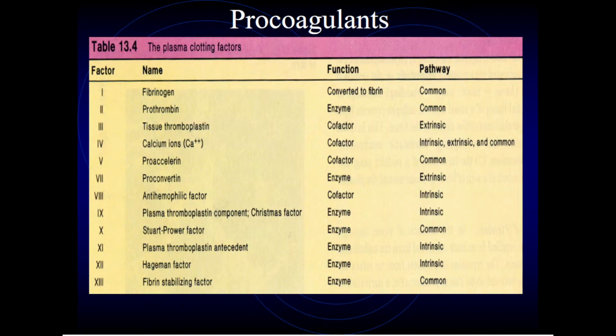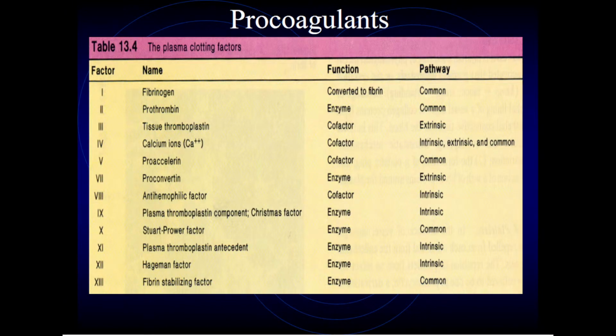Synthesis of some of them, for example factor 2, factor 7, factor 9, and factor 10, requires vitamin K. Factor 8, called antihemophilic factor, is absent in hemophilia.